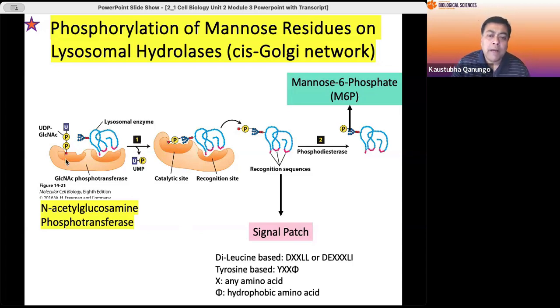And then you have a catalytic site, which actually puts some of these residues. So you have a glycosylation already in there. So you have 2 N-acetylglucosamine, and you have 9 mannose in here. And what is happening here is that it is putting 1 phosphate and N-acetylglucosamine, in red, onto this protein.